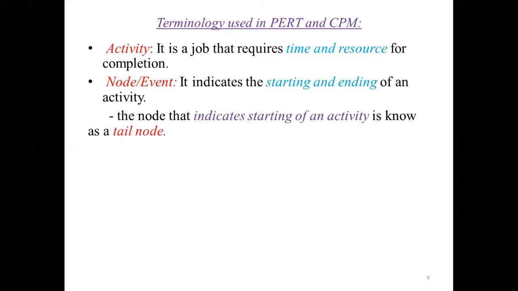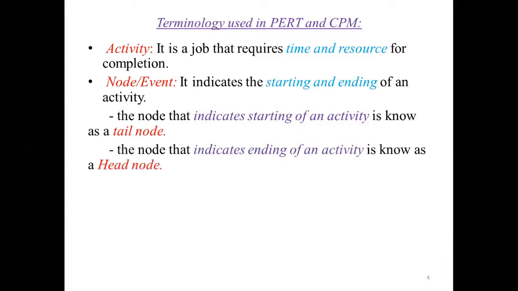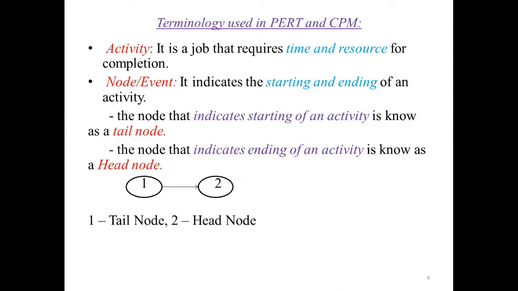A node that indicates the starting of an activity is known as a tail node. The node which indicates the ending of an activity is known as a head node. For example, if you consider an activity between 1 and 2, node 1 represents a tail node and node 2 represents a head node. 1, 2 indicates an activity.